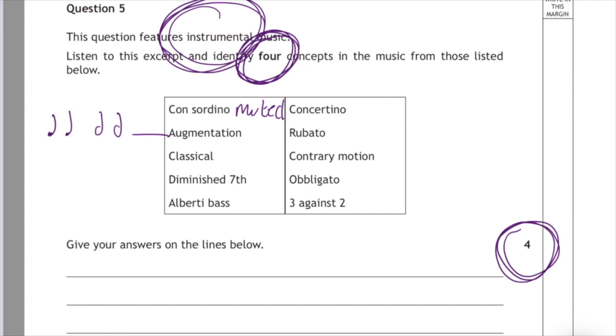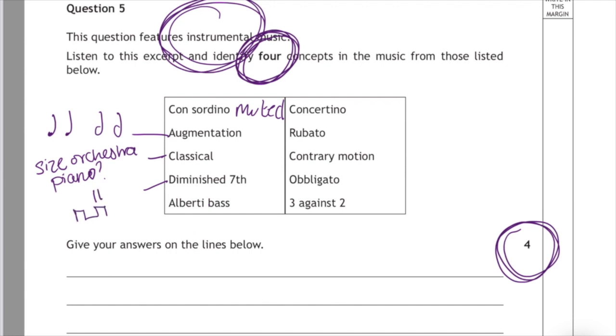Classical, obviously meaning that it's from the classical period. Key things that you might listen for are the size of the orchestra. Is there a piano, for example? Diminished seventh, we normally describe in class as being a scary sounding chord.